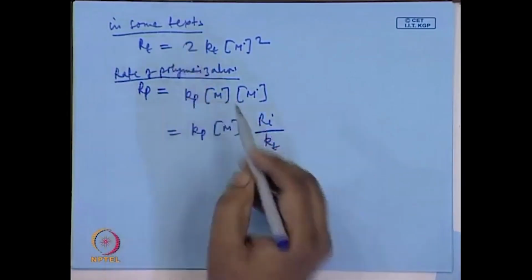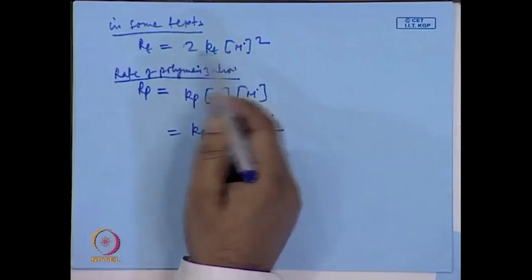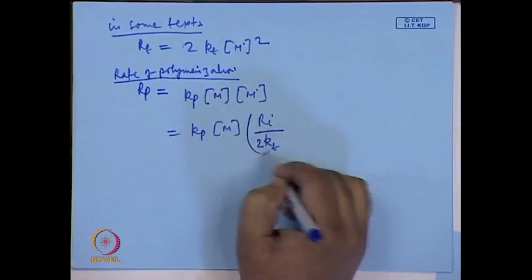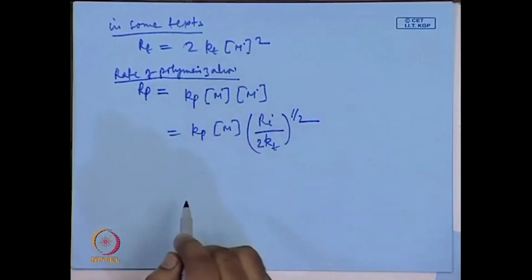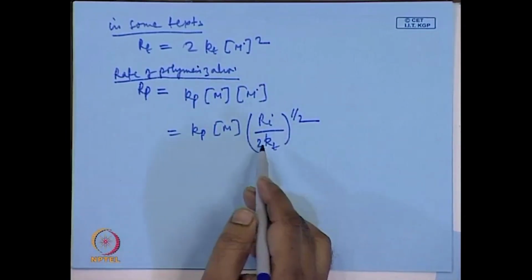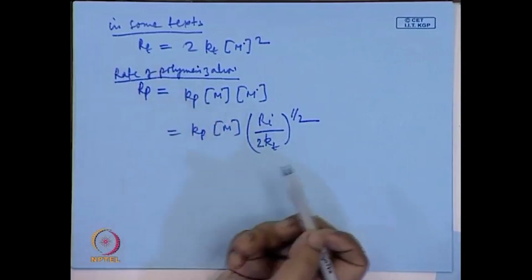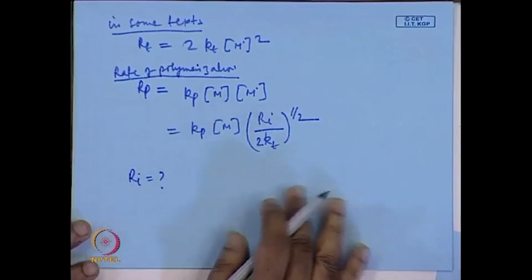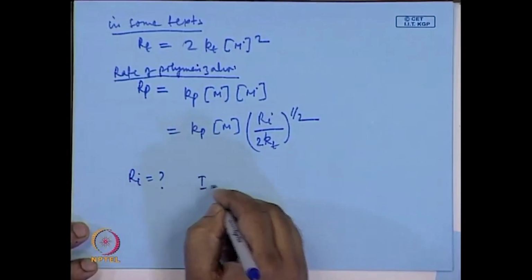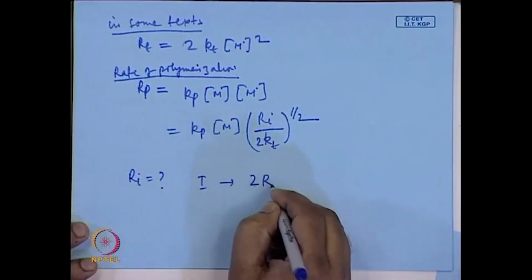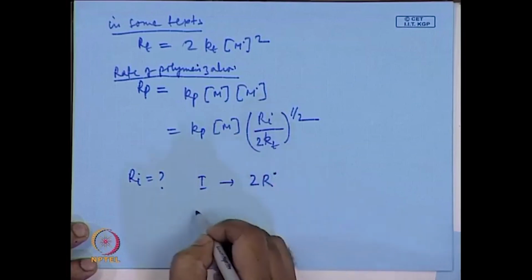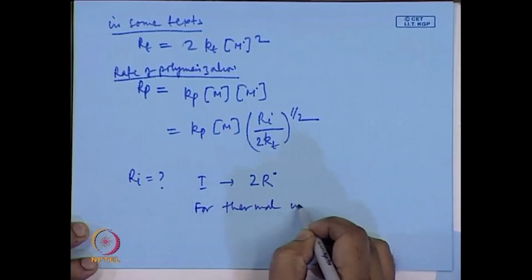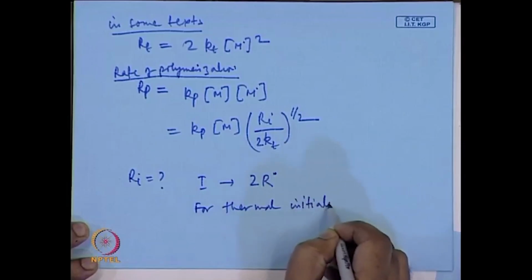Let us write 2 here and follow this convention. This is what the rate of polymerization is. So, we have to know Ri. Now, Ri is, this is for thermal initiation.